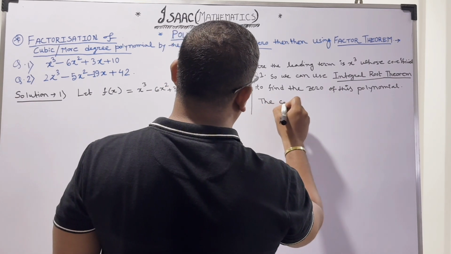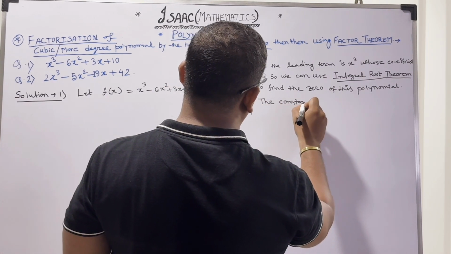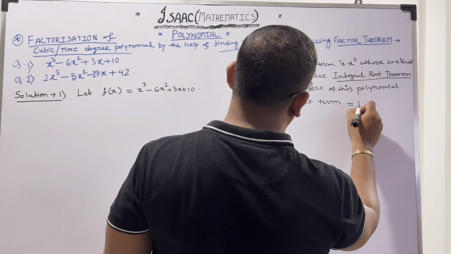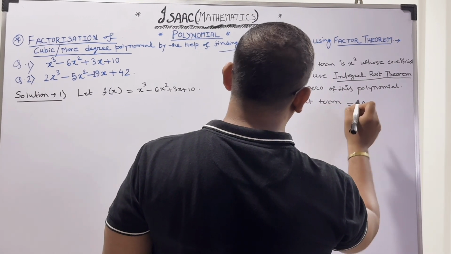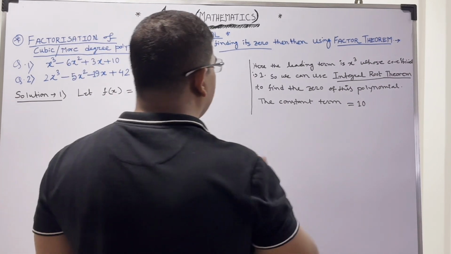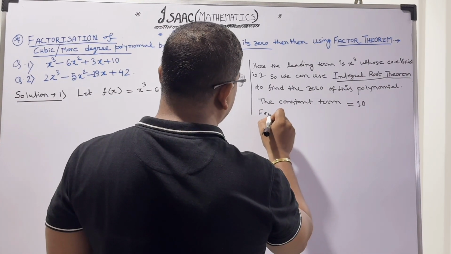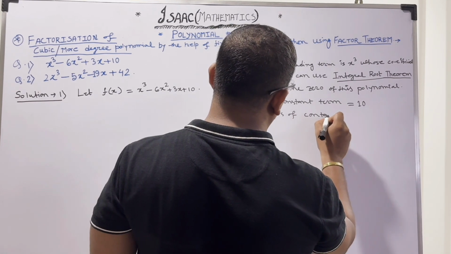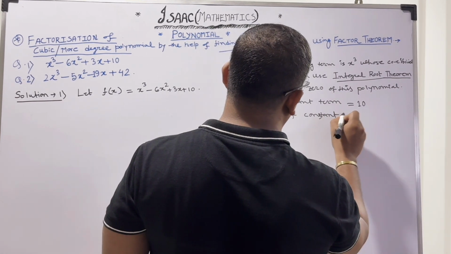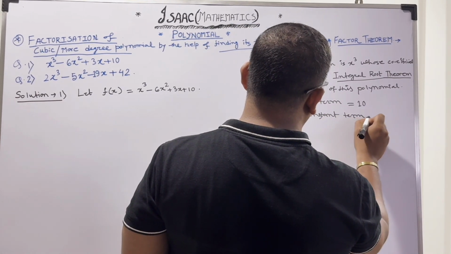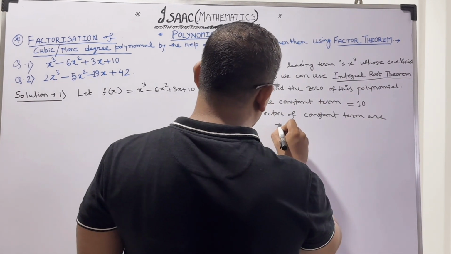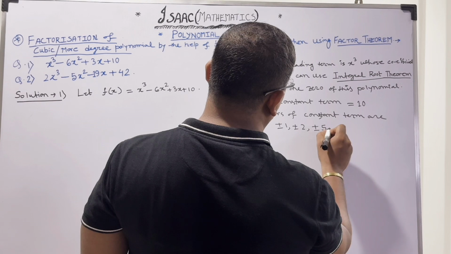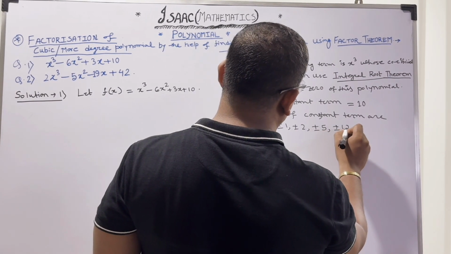The constant term equals 10. Factors of the constant term are plus minus 1, plus minus 2, plus minus 5 and plus minus 10.